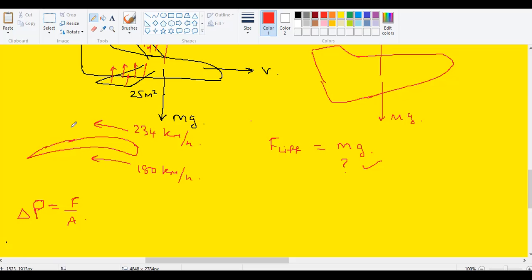The velocity here is higher, so the pressure here is lower. The velocity here is lower, so the pressure here is higher. From Bernoulli's theorem, this gives a lift force this way, from higher pressure to lower pressure. So use Bernoulli's theorem, find the pressure difference, and multiply by the area, but don't forget it's 50 meters square. If you use 25 meters square, you will get only half the force.